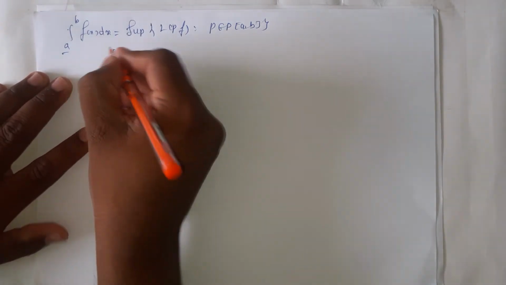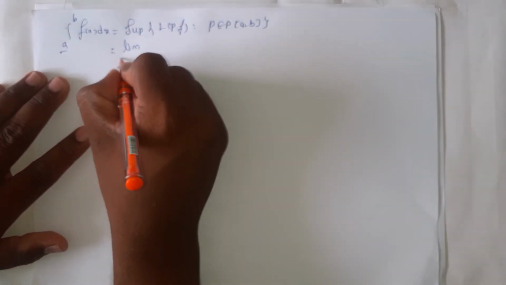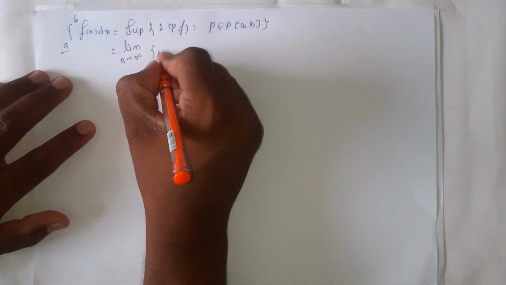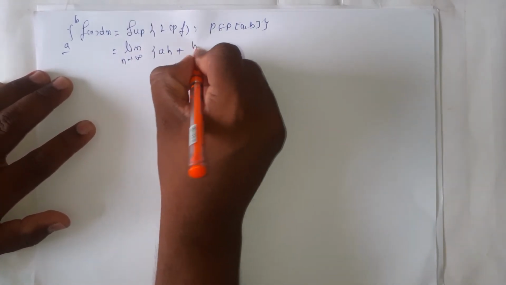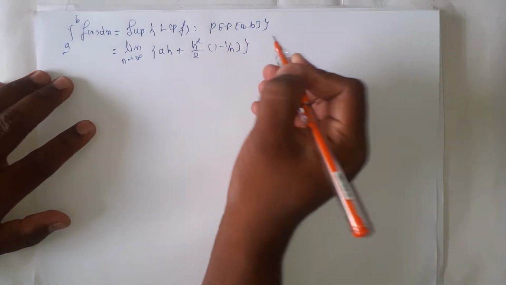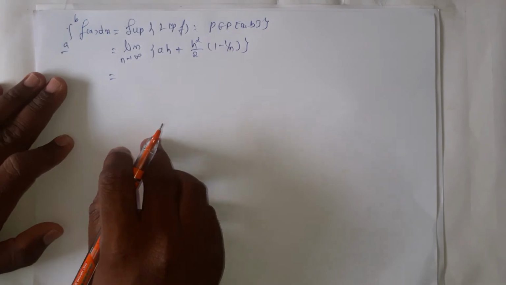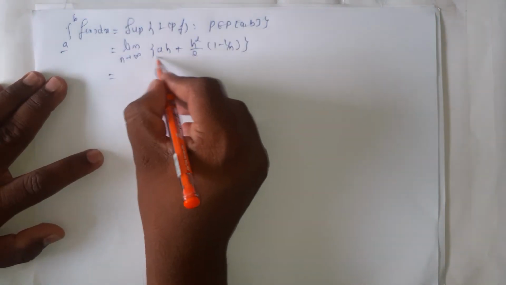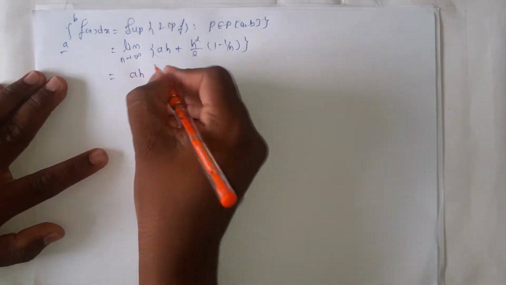This is equal to limit as n tends to infinity, and LPF is a h plus h square by 2 into 1 minus 1 by n. Now here the first term is independent of n, then we cannot apply the limit for the first function. So therefore that one as it is.